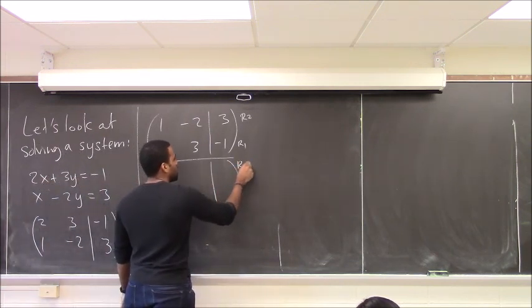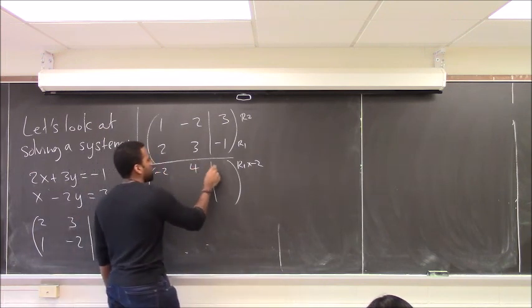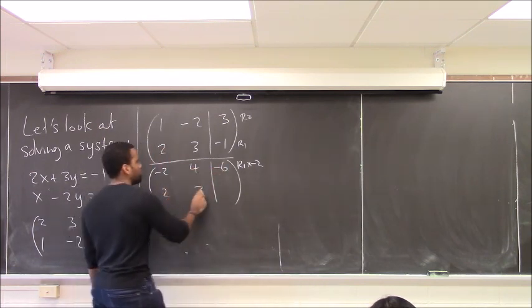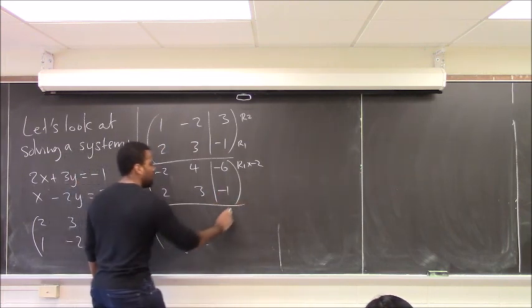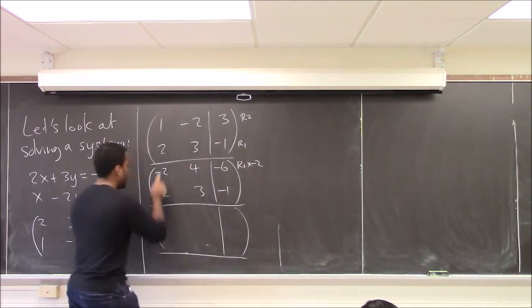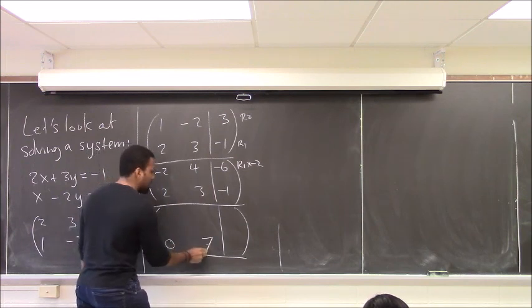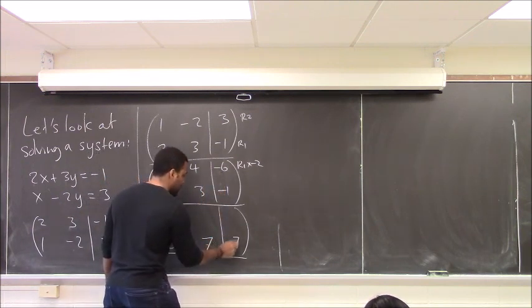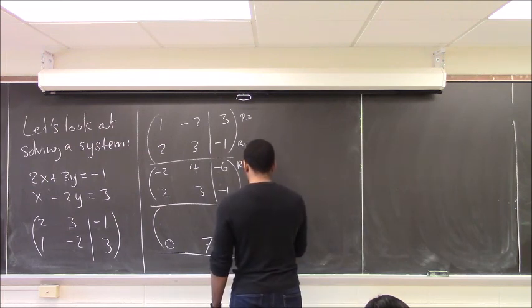We took row 1 times -2. And then we added them. I put the result in the second part. So when I add this and this, I got 0. When I add this and this, I got 7. When I add this and this, I got -7. And so this is row 1 plus row 2.